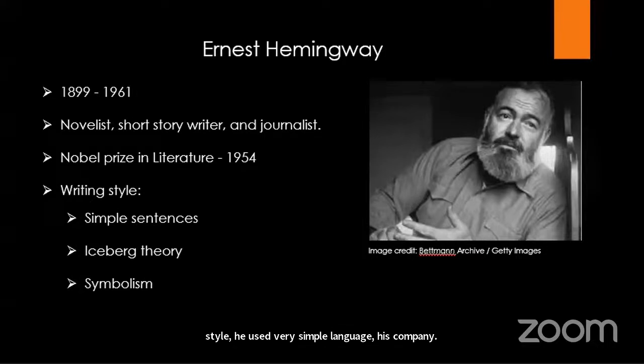He was basically saying more in his work with less. He used very few words, but he was saying a lot. So in a way, we can call his style minimalistic. He would use the minimum number of words, but they were packed with meaning. We'll see what that means in the future slides.